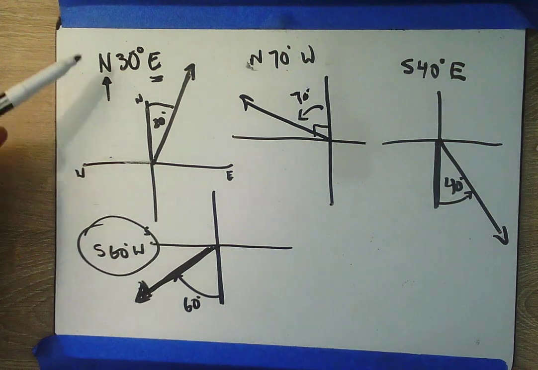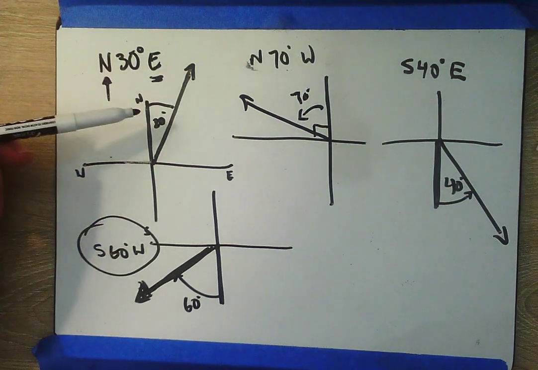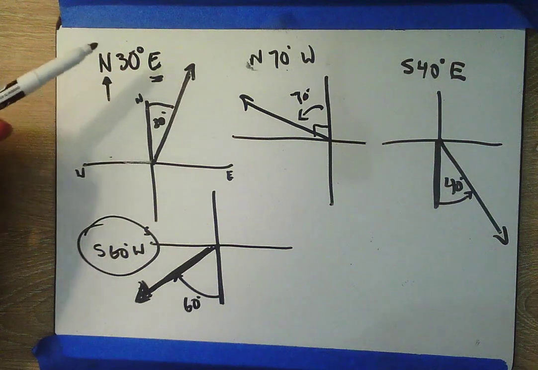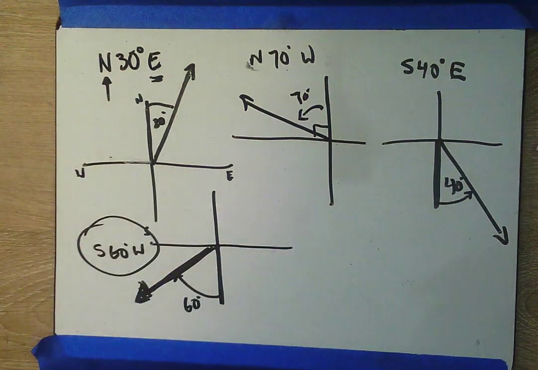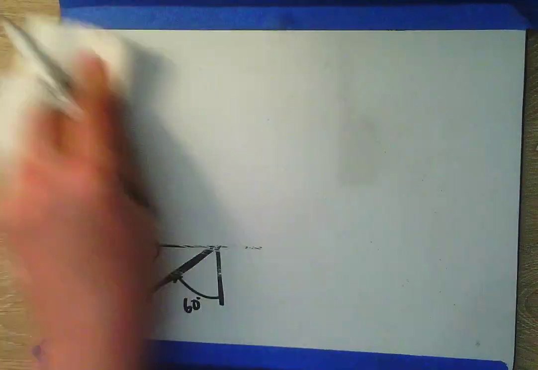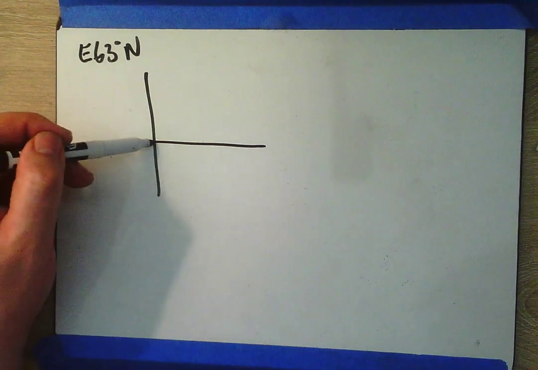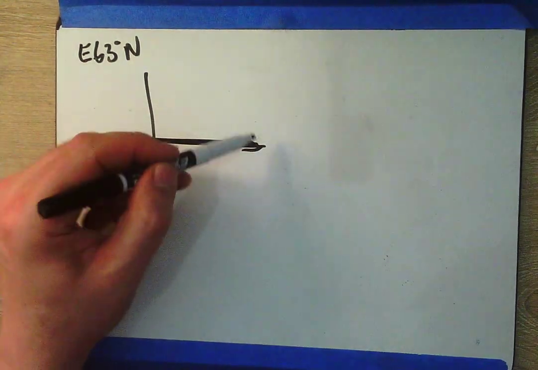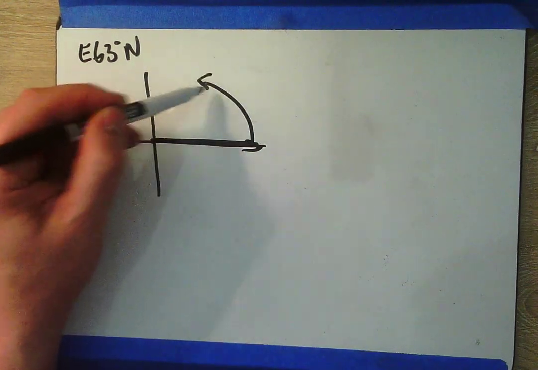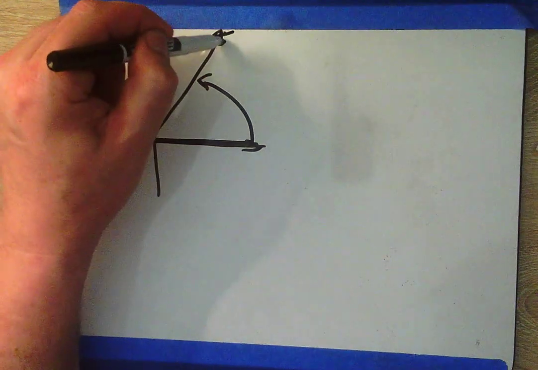Normally, north and south come first and east and west come second, but not always. Sometimes we could have east or west first and then north or south second. For example, east 63 degrees north. That means I'm going to head east first and go 63 degrees towards the north.